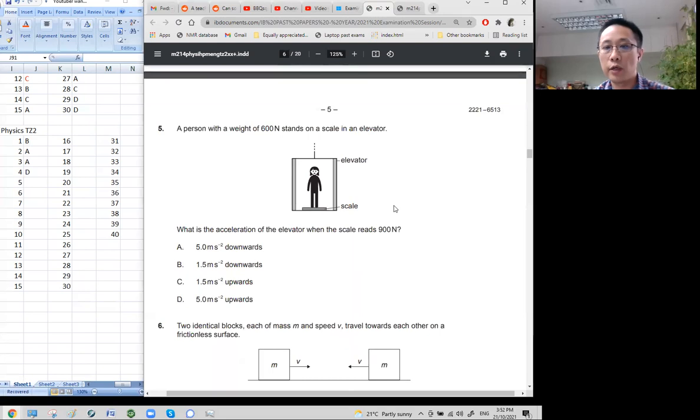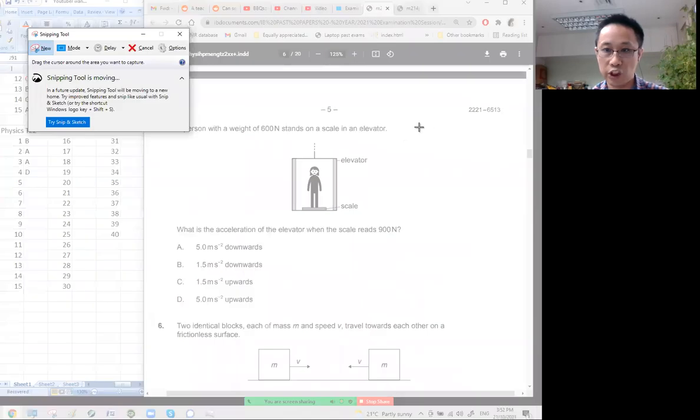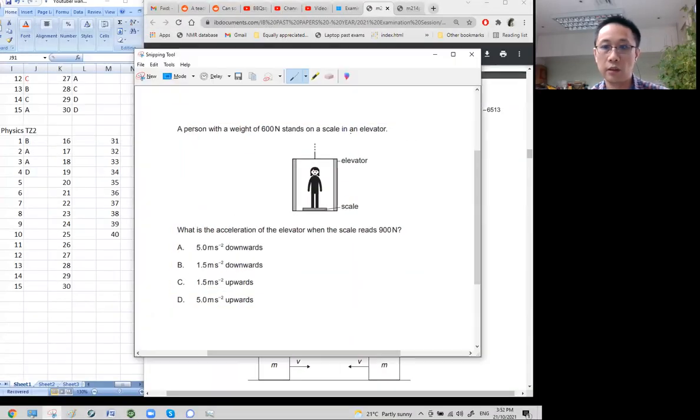Question 5, a person with a weight of 600 newtons stands on a scale in the elevator. What is the acceleration of the elevator so that the person appears heavier than she is? If the scale reads heavier, that means that the support force exceeds the weight. So you're looking at 900 minus 600.